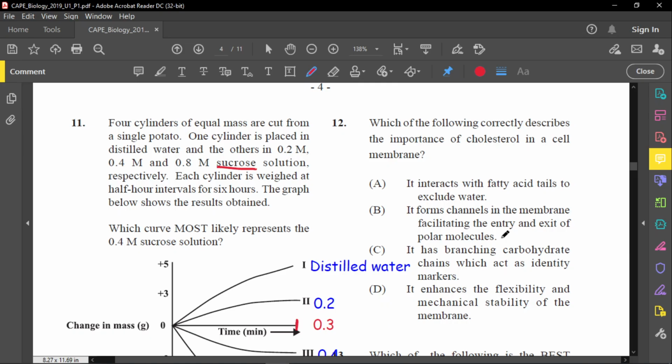Not true at all. And it has branching carbohydrate chains, which act as identity markers, which is not the correct answer here. But this one says it enhances the flexibility and mechanical stability of the membrane. Yes, because again, it helps with the thickness and the fluidity of the cell membrane.